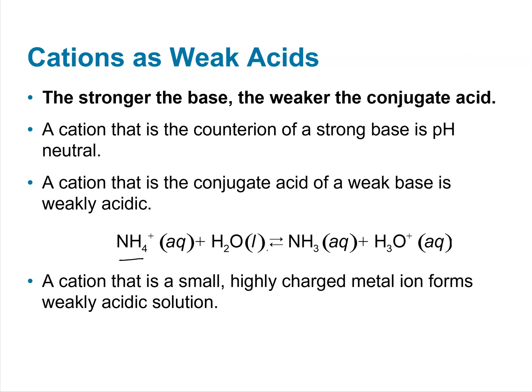So in the case of ammonium in water, it will act as an acid. One of these protons will be liberated as water acts as a base, abstracting that proton from the ammonium. This will give you ammonia and the conjugate acid to the water, hydronium.